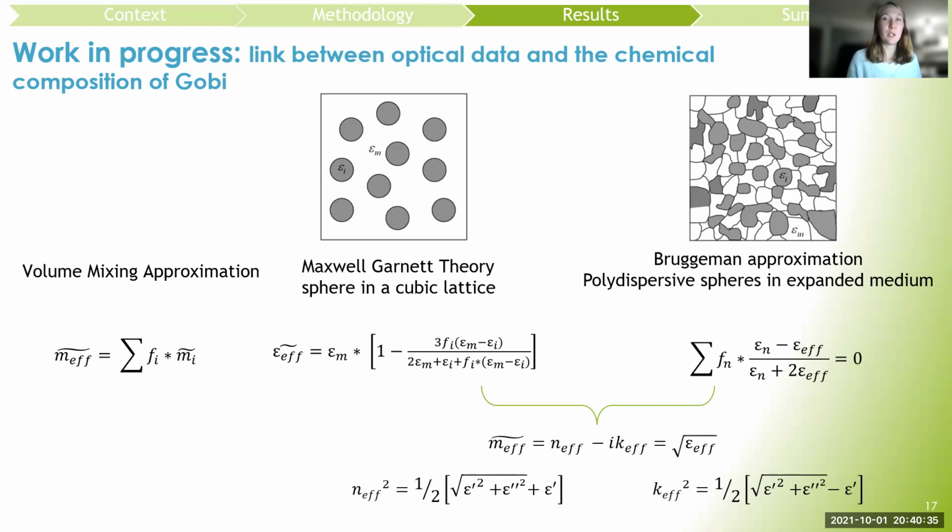So that's why we'll try these two effective medium approximations. They are determining the dielectric constant of the sample. And here there are two different ones, so we will have to test. This depends on the microstructure of the sample, how the compounds are dispersed in the sample. So we'll try this later.